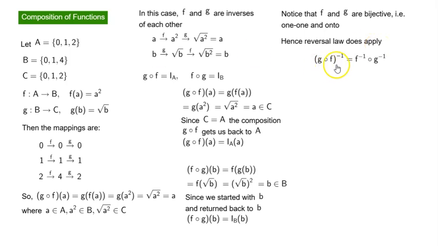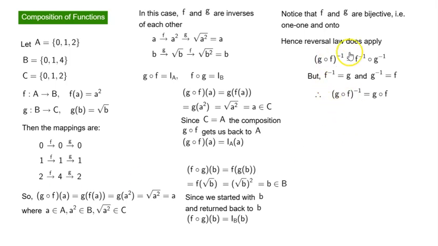So the inverse of g composition f is equal to f inverse composition g inverse. But f inverse is what? f and g are inverses of each other. So f inverse is equal to g and g inverse is equal to f. So we substitute this in the above.